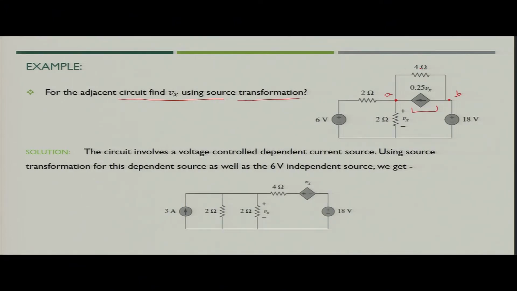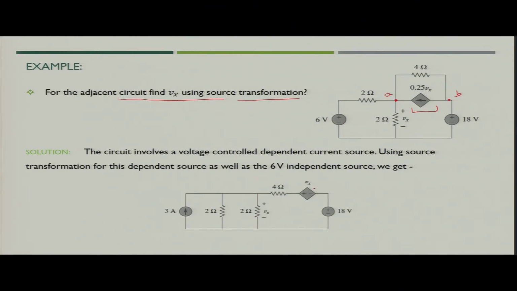So, this can be converted into an equivalent voltage source Vx in series with 4 ohm resistance, because Vs is nothing but Is into R. So, if you multiply, you will get Vx as a voltage source in series with 4 ohm resistance, and we have to find out the voltage Vx across 2 ohm resistance.